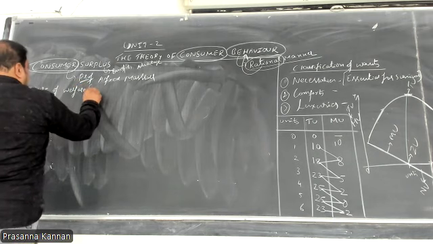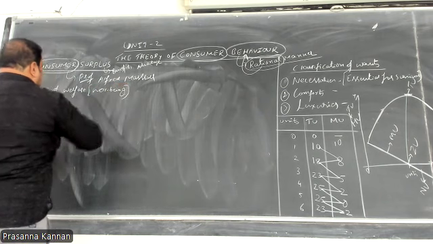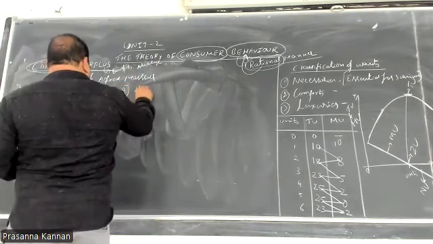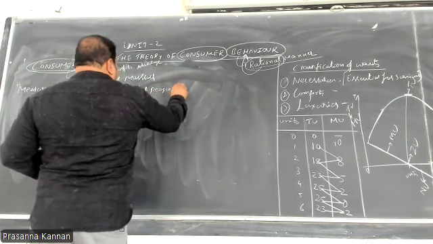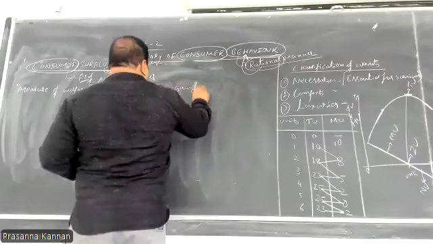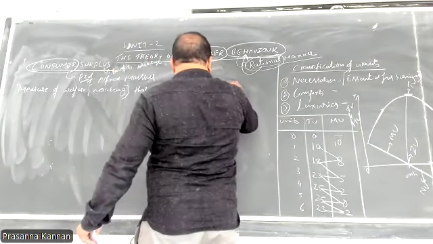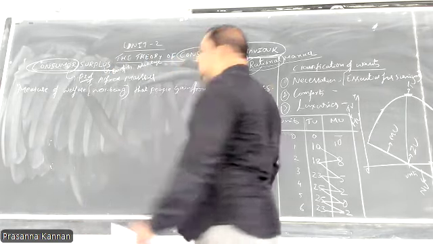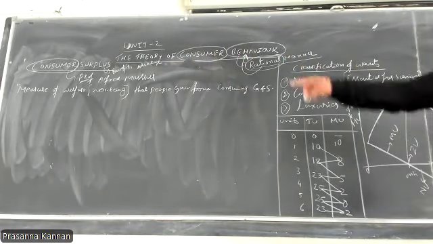Welfare, that is in the bracket, well-being. Measure of welfare or well-being that people gain from consuming. This is the answer according to Alfred Marshall.